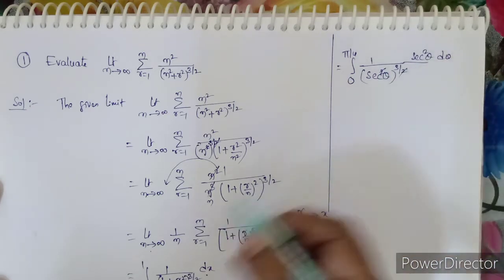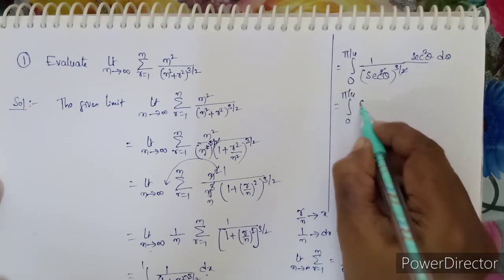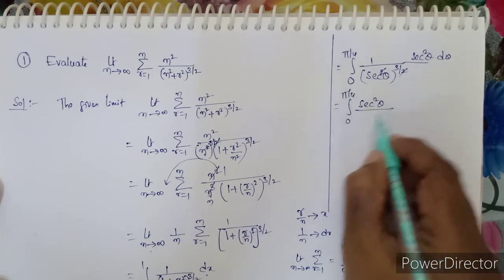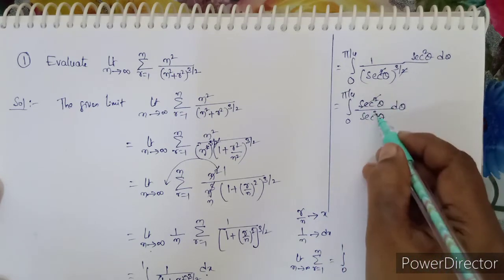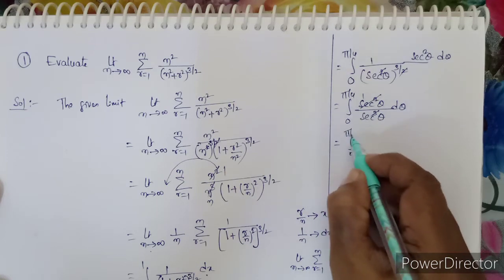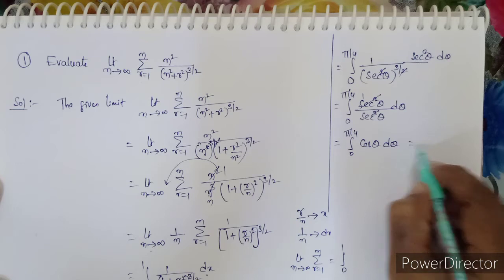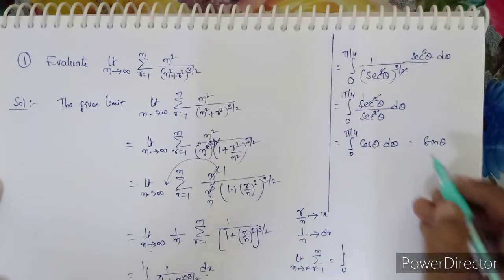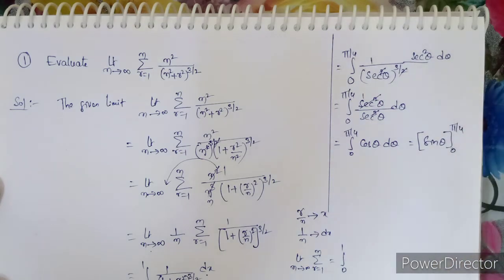Square and root cancel. Integral 0 to pi by 4, secant square theta by secant cube theta d theta. Cancel secant square theta. 1 by secant theta is cos theta. Integral cos theta is sin theta. So integration over.